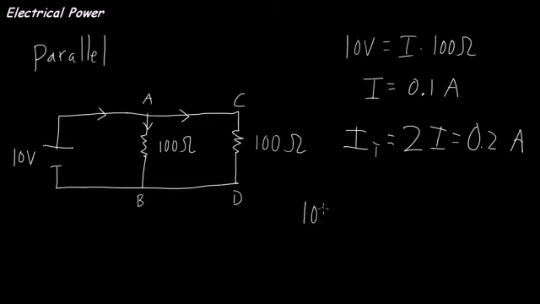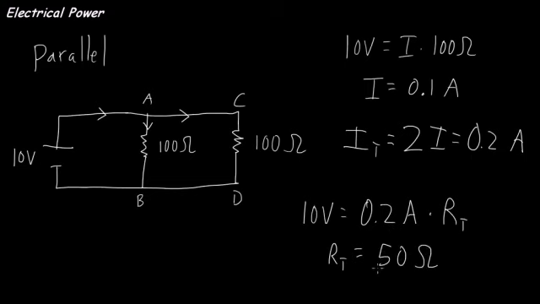So I have 10 volts equals 0.2 amps times RT. RT is equal to 10 divided by 0.2 gives me 50 ohms. So this is kind of interesting. Before, when I hooked the 100 ohm resistors from end to end in series, the total was 200 ohms. But when they're hooked up in parallel, the total is 50 ohms because the current splits.